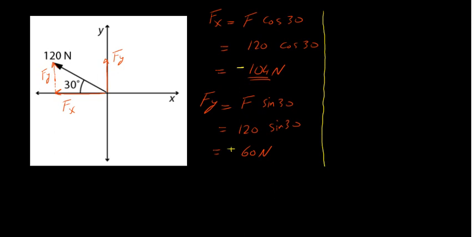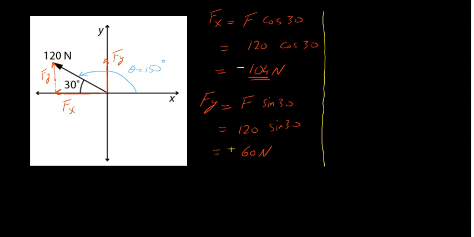To avoid forgetting this sign, the minus or the positive, if I forget I'm located in quadrant 2, I'll do this technique. I will assume that this is my angle, theta, which will be 150 degrees.